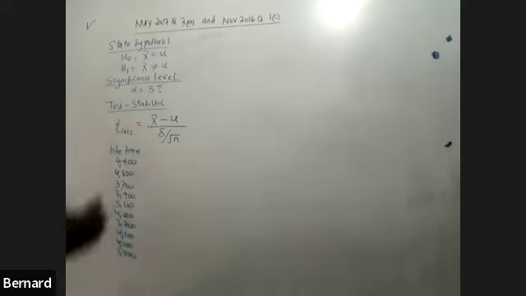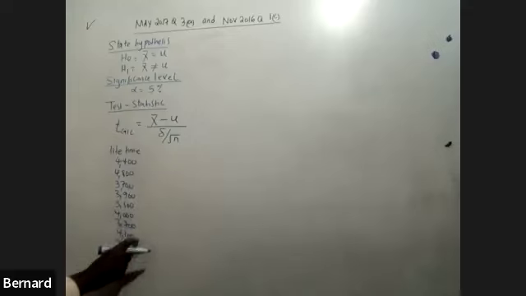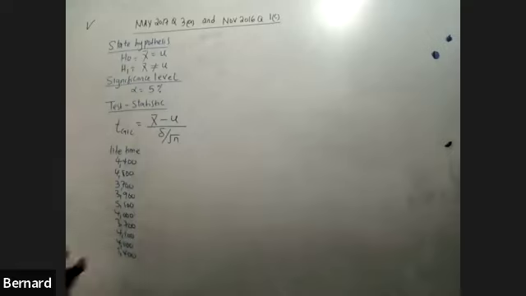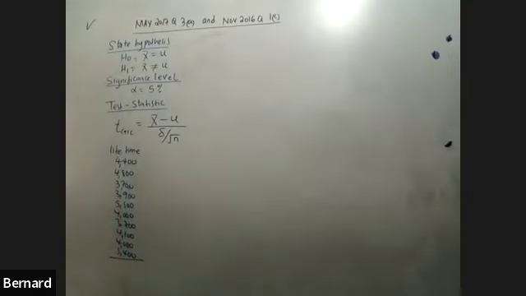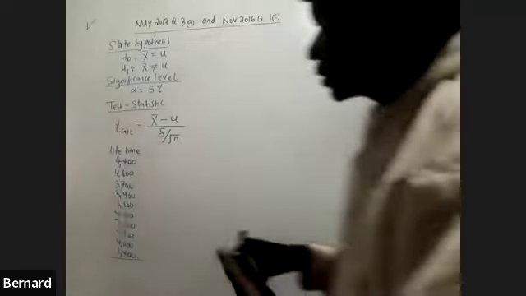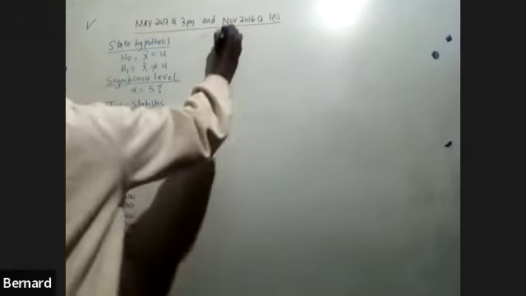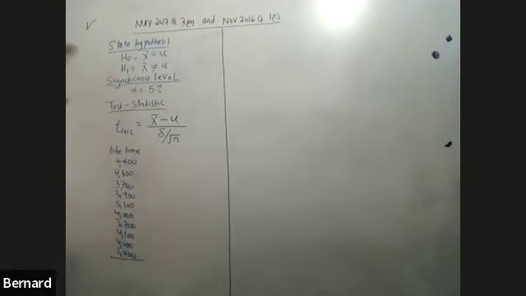I think that is 1, 2, 3, 4, 5, 6, 7, 8, 9, 10. Then add them together so that we get the mean. Let me do it this way.